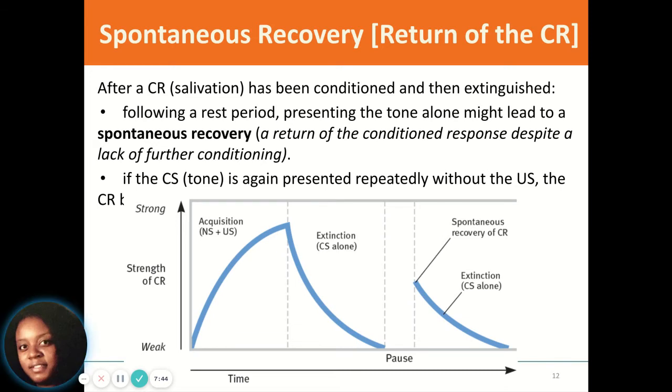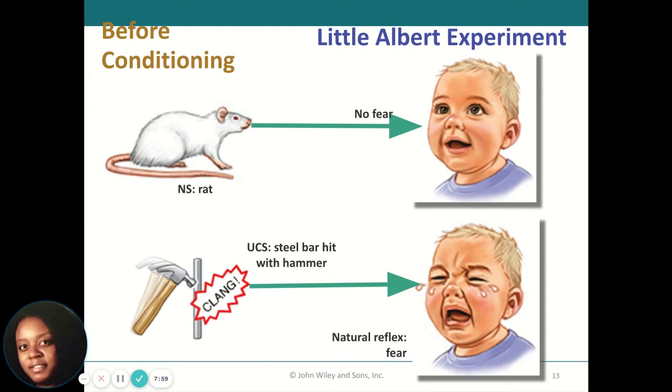That is because once you've learned something, it's always in you, and spontaneously it could come out. So spontaneous recovery is the return of a conditioned response without having further conditioning.